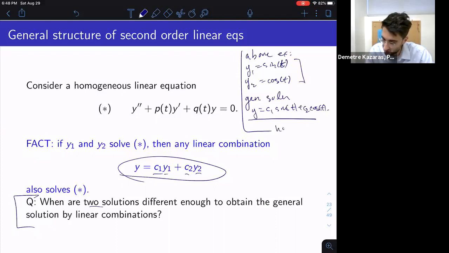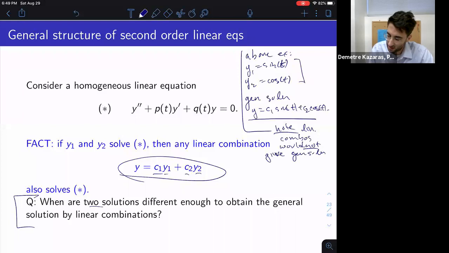However, note that linear combinations would not give the general solution if, say, we had chosen, okay, so I know I got one solution, it's sine of t. I got another solution, y2, it's 5 times sine of t. That's another solution. It's different than y1. So I got two solutions. Let's take linear combinations of these two solutions.